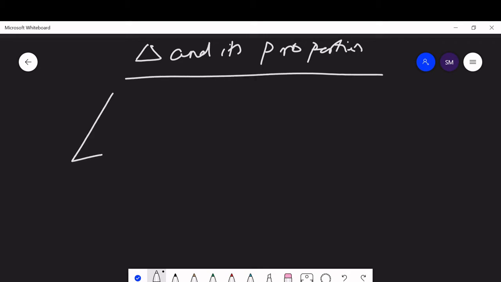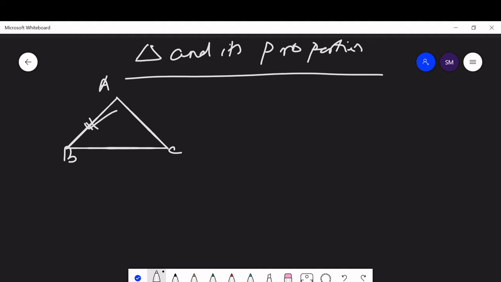This is triangle and its properties. What is a triangle? A triangle is a closed polygon which has three sides.